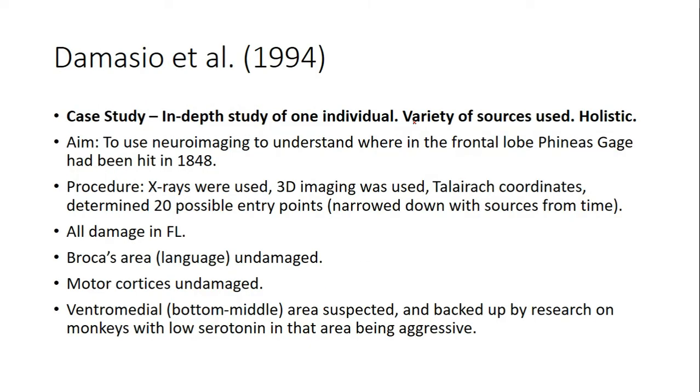So this is Damasio, Damasio et al. It was a case study done in 1994. Now, if you are new to the psychology course, this is the way in which you always present the name of a study. You always present it as the main researcher and then et al.